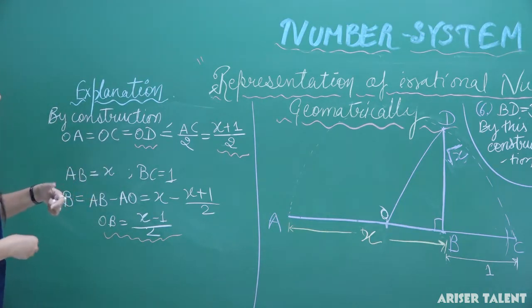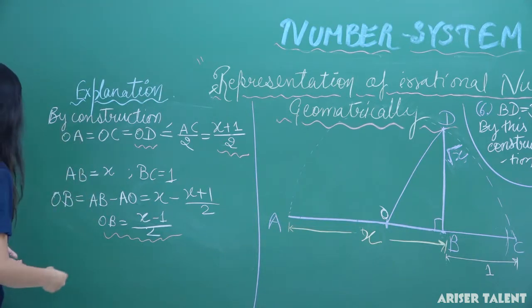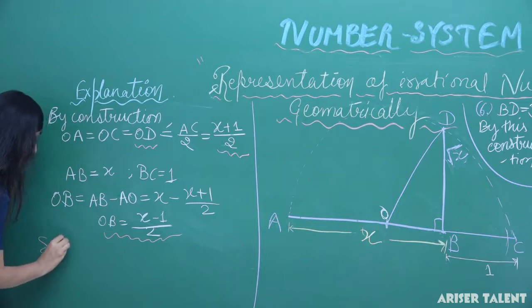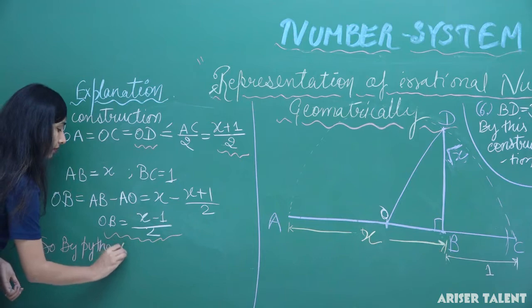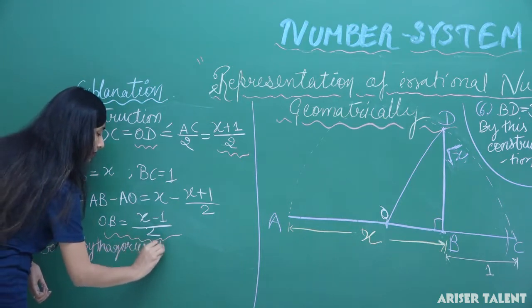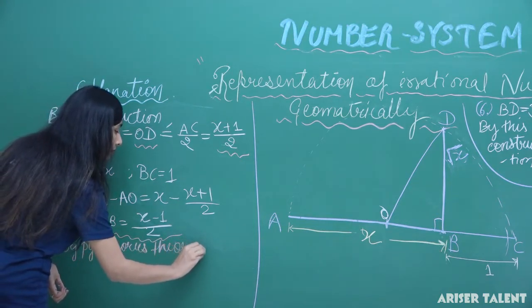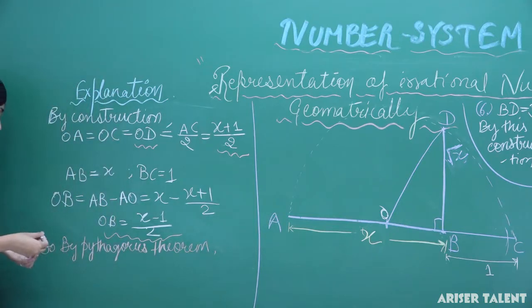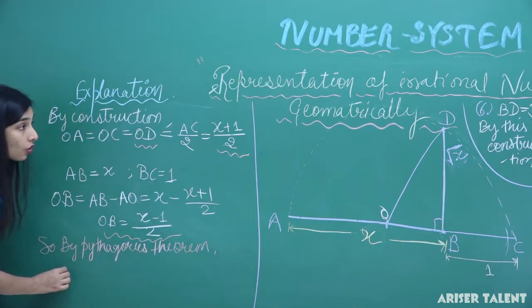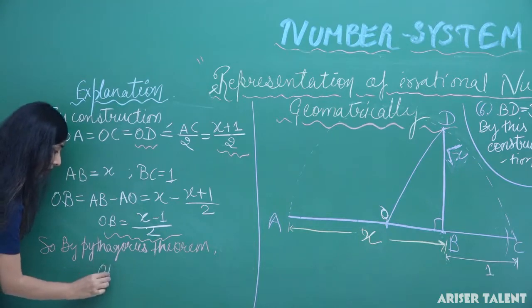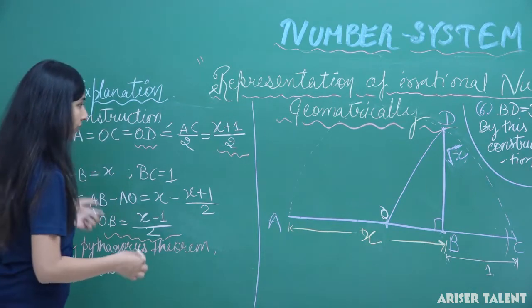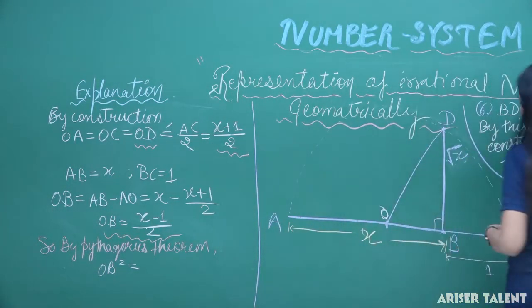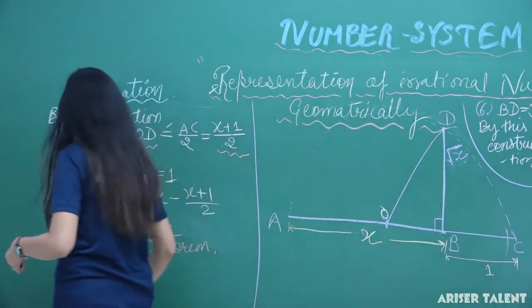Now, this is the first value, this is the second value. What is the third value? The third value is something we have to find out. This is BD. So, by Pythagoras theorem, BD we have to find out, or we can write BD square equals to, okay.